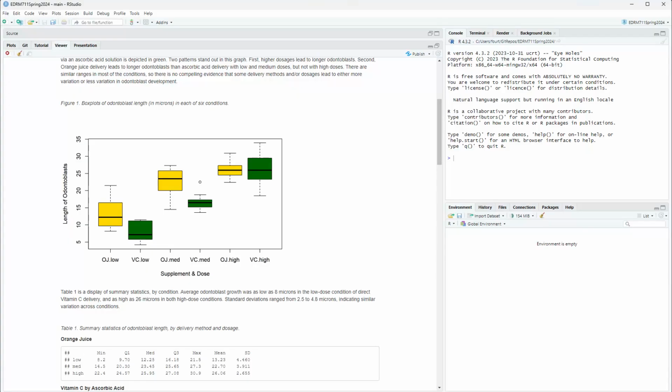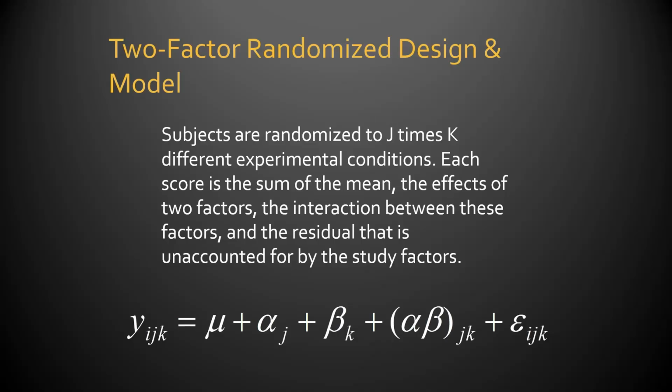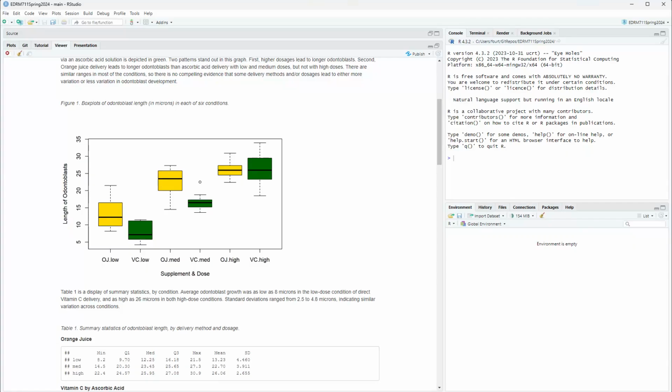I also note that in this design, the guinea pigs were randomly assigned to both the type of delivery and the dose at random, and so we would call this a completely randomized design. Here I've called it a two-factor randomized design, but it could be completely randomized, or randomized on one factor and observational on another, or observational on both factors. And this model would stay just the same either way.